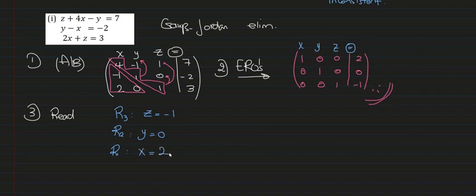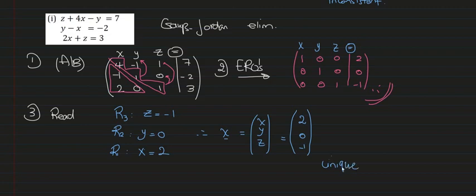To 2. And therefore, the vector of unknowns that we are seeking, which is composed of x, y, and z, is equal to 2, 0, and -1, which corresponds to what type of solution? It's of course the unique type of solution.